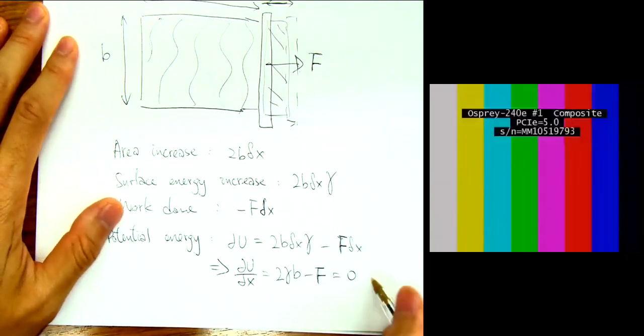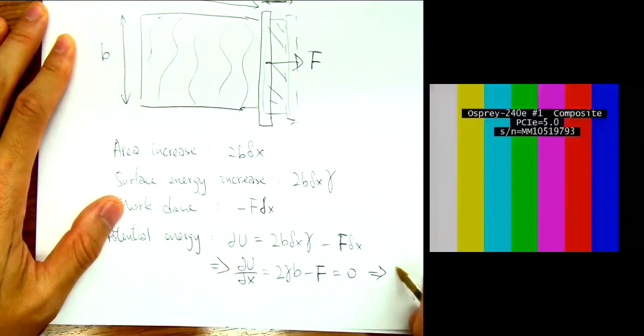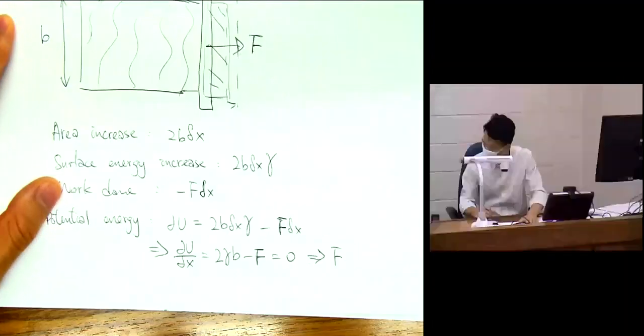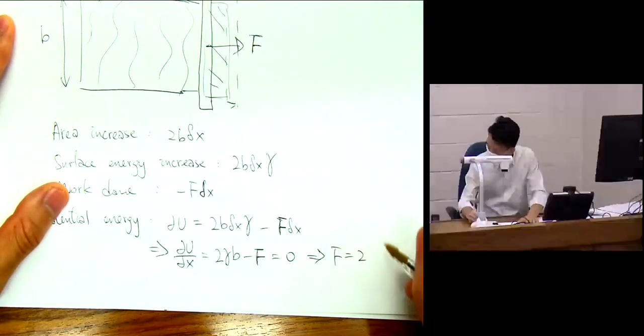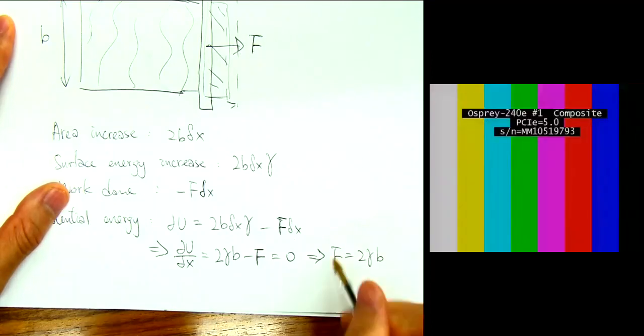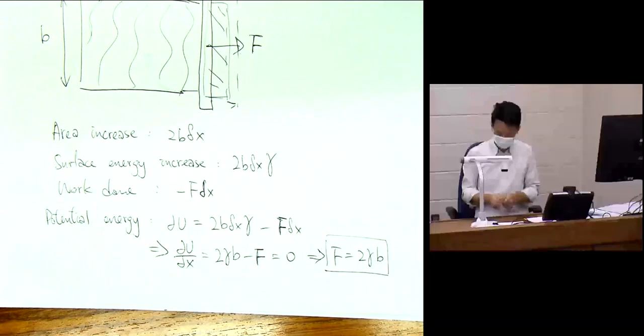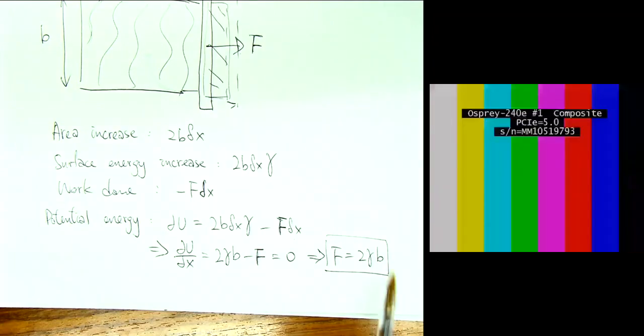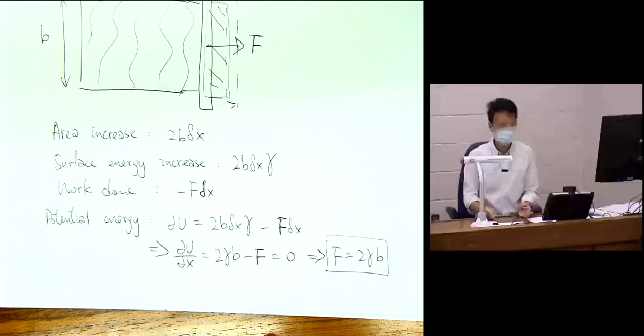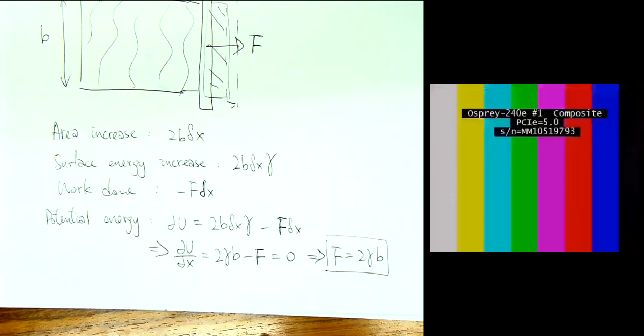Okay, so now this gives us a very simple relation to find out the surface energy, because I measure the force F, right, as long as the film does not break and is in equilibrium, then I can calculate the surface energy of the film.